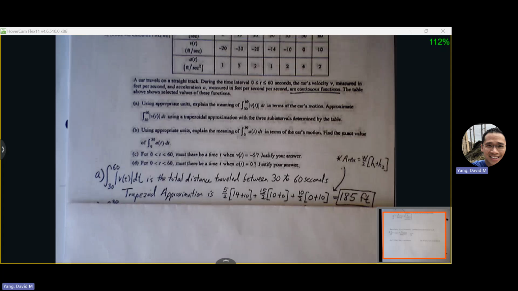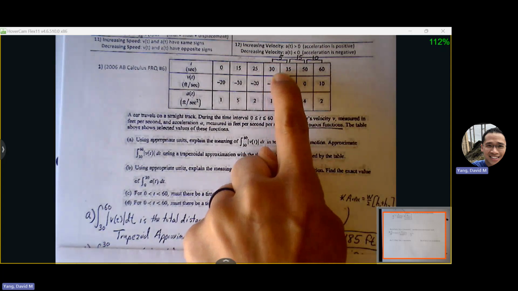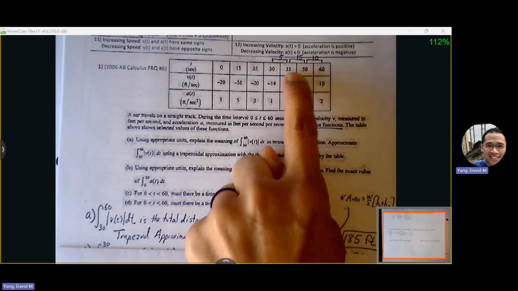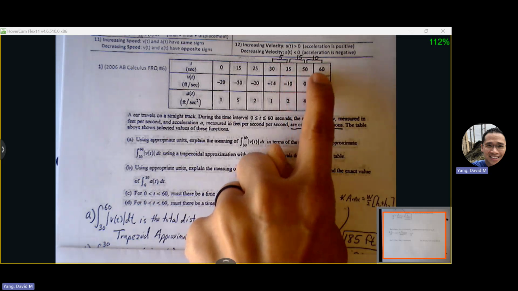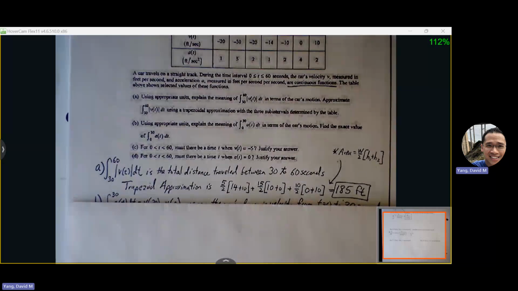So from 30 to 60, my interval here, 30 to 35, that's a width of 5, 35 to 50, that's a width of 15, 50 to 60, that's a width of 10. And I'm just going through my trapezoid approximation, creating 3 separate trapezoid area formulas and adding them together using my calculator here.